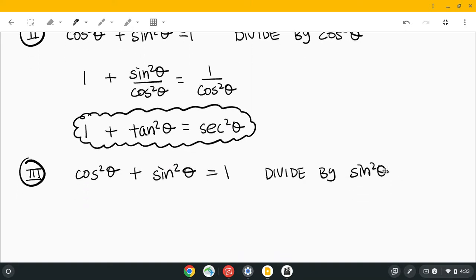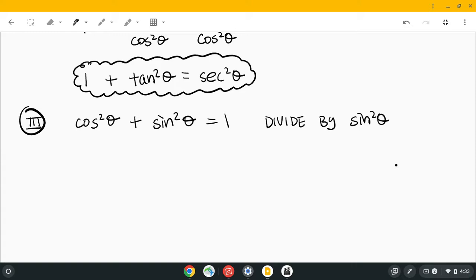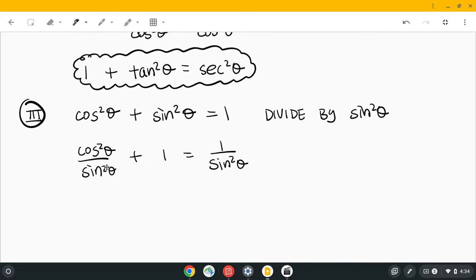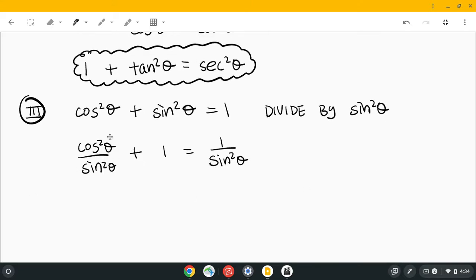Let's see what happens here. I get cosine squared over sine squared. Sine squared over sine squared is 1. And then 1 over sine squared. And again, here we have the ratio identity. So cosine over sine is cotangent.